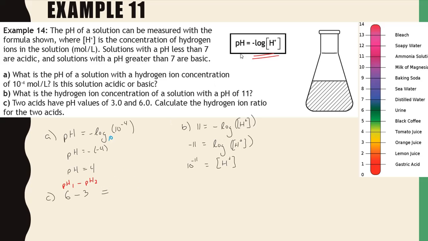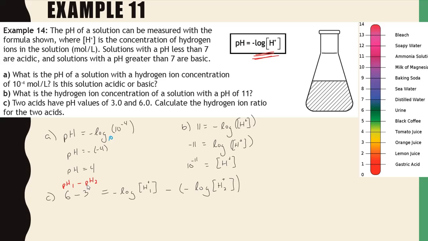Now on the right side, we're going to go back and use this logarithmic formula we were already using. So for pH 1, it's going to be negative log, and then H+ 1. So that represents our pH 1. And then we're going to subtract negative log H+ 2.